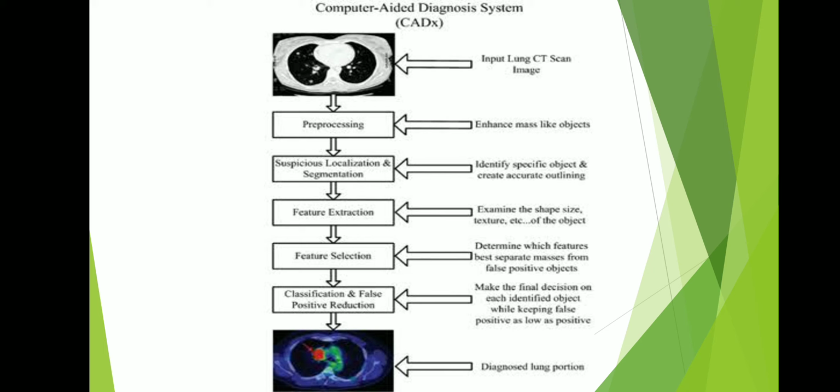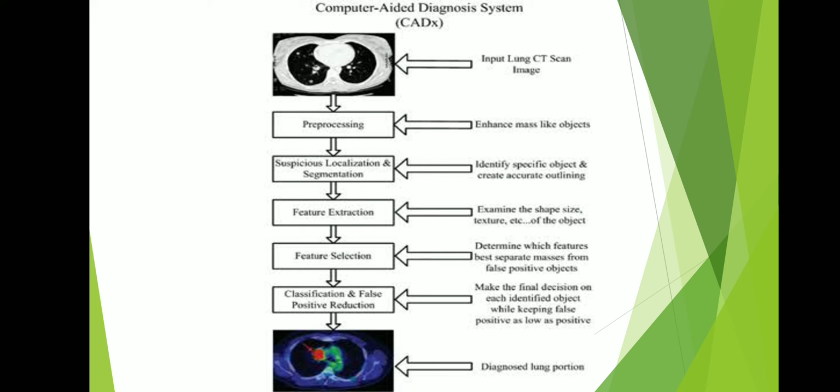Now the last is the classification and false positive reduction. False positive reduction means the false reports will be removed, or the false marked areas will be digitally removed from your software system. It will remove those marks which are false positive, and then the positive ones, which are actually abnormal areas, will be classified according to similar characteristics.